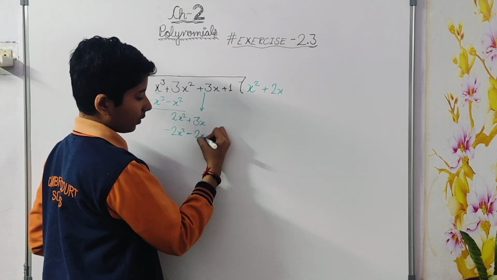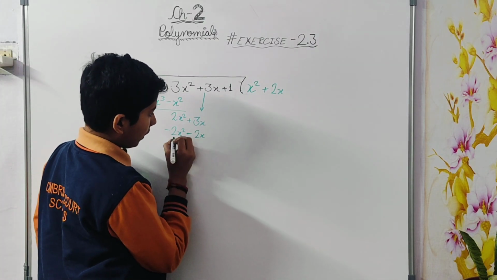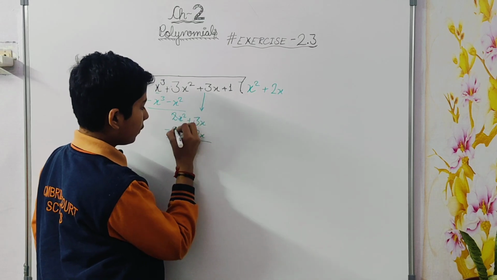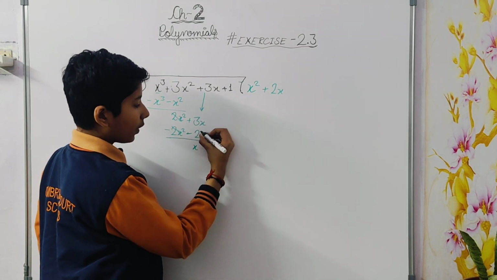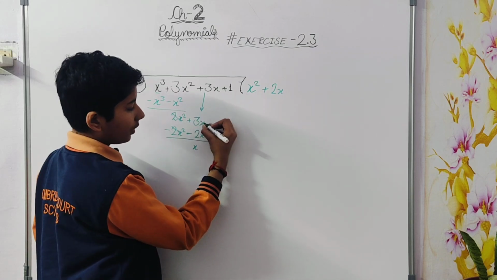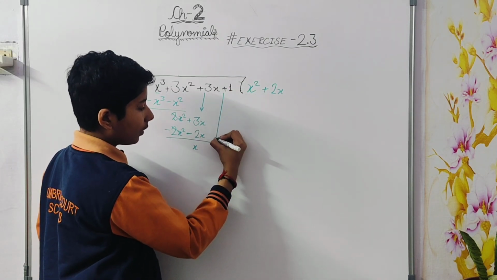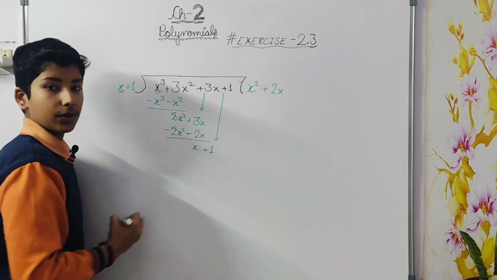Here both are cancelled. Now only one x is left because 2x is cancelled from 3x. Now 1 will come below. Plus 1. x plus 1 is left.